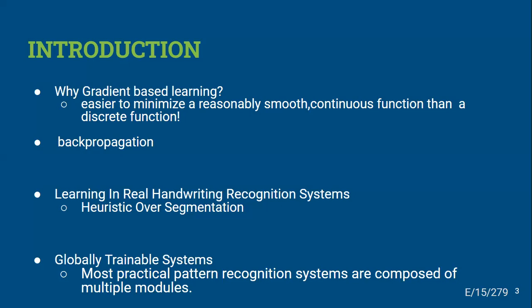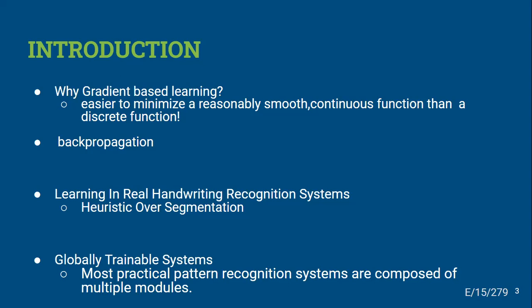So what is backpropagation? The basic idea of backpropagation is that the gradient can be computed efficiently by propagation from the output to the input. Then they have talked about learning real handwriting recognition systems and global trainable systems. One of the most typical problems in handwriting recognition is not only to recognize individual characters but also to separate out characters from their neighbors within the word or sentence, a process known as segmentation.